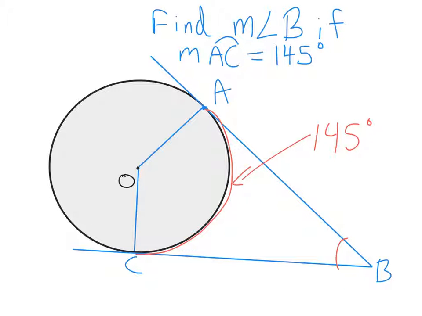Well, if you were paying attention to the problem previous to this, we know that if that's 145, I know that this is 145, and this is going to be supplementary to that, right? So I would get 35 degrees. You also could have figured that out from the previous video because we know that these guys are right angles.